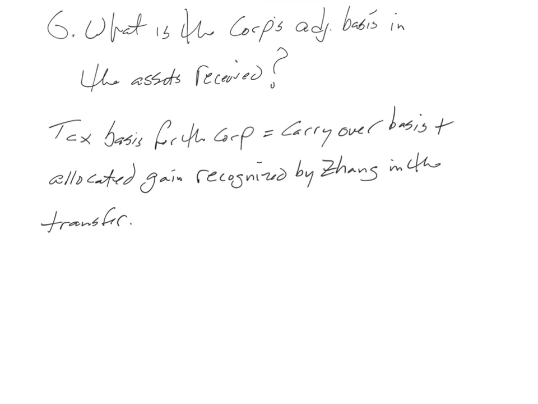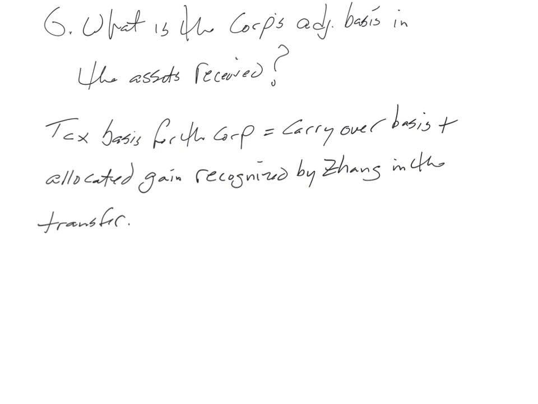And so you may ask yourself, well, how is that gain allocated? Well, that gain is going to be allocated based on the proportion of the asset's fair market value.